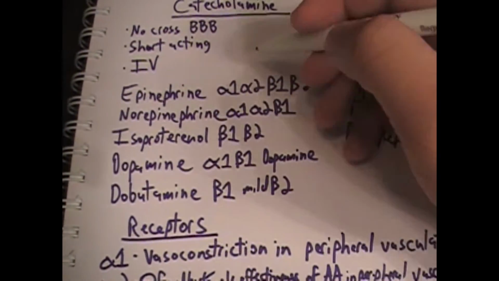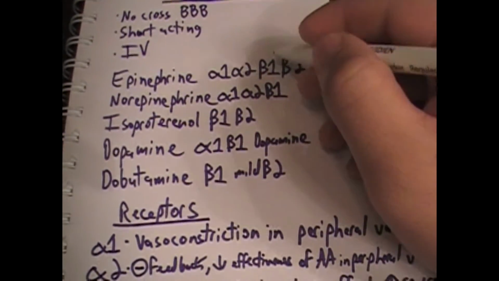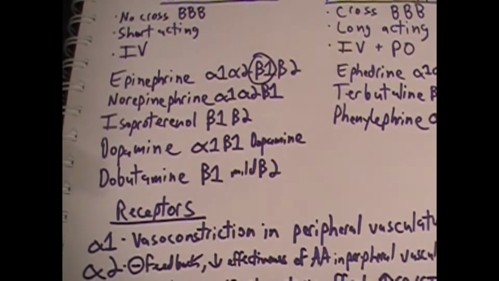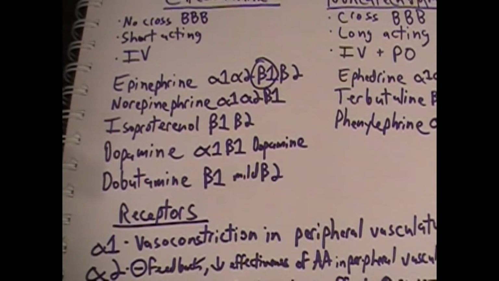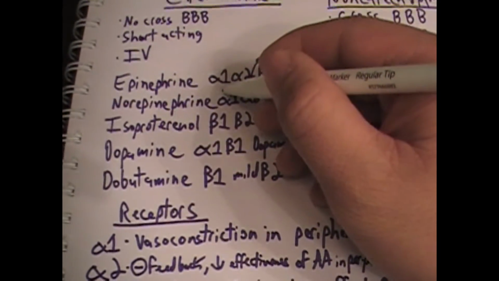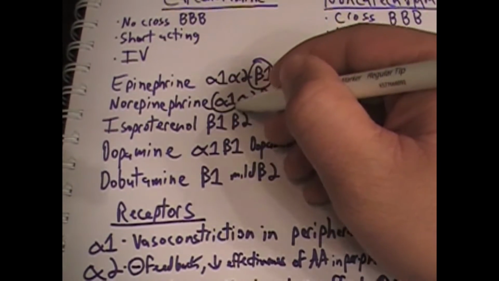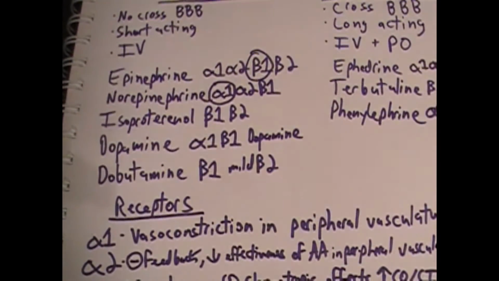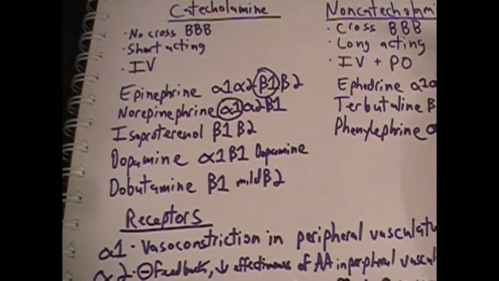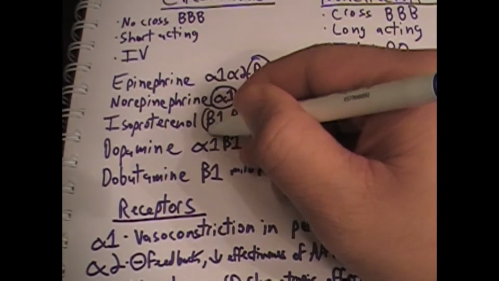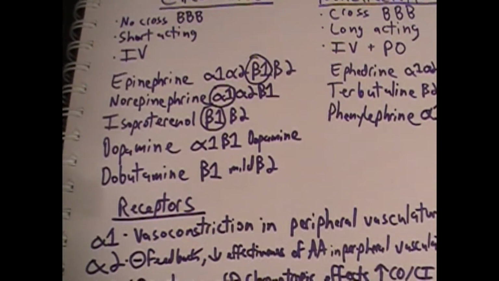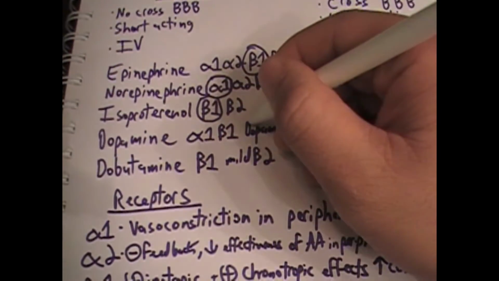So now to go over everything, epinephrine will have alpha 1, alpha 2, beta 1, and beta 2, with an emphasis on the beta 1 agonization, causing the positive inotropic and chronotropic effects. Norepinephrine will have an emphasis on alpha 1 agonization, causing vasoconstriction in the peripheral vasculature, thus increasing the blood pressure and the MAP. Isoproterenol, beta 1, so positive inotropic and positive chronotropic effects.